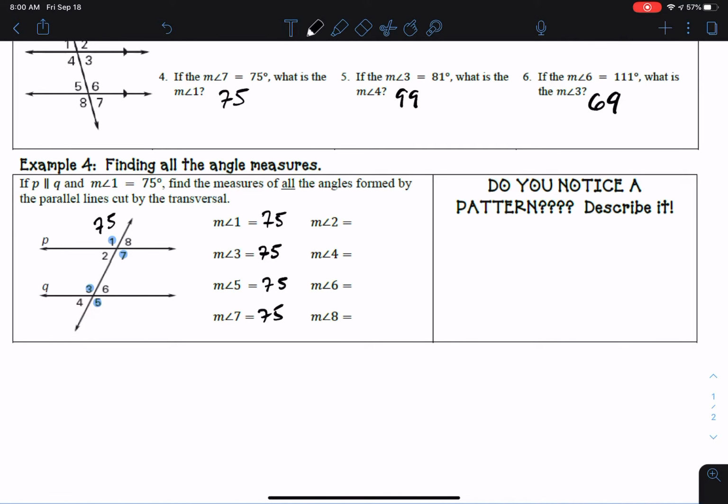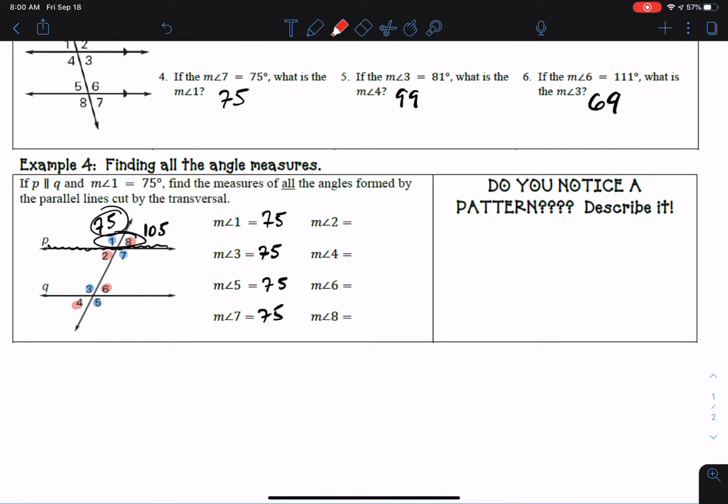Okay, well, if I know that a straight line adds up to 180, and these two right here put together would give me that straight line, then I would take 180 and subtract 75 from it so I can figure out number 8. Should get 105. Now all the ones that I'm about to highlight in red are big angles.